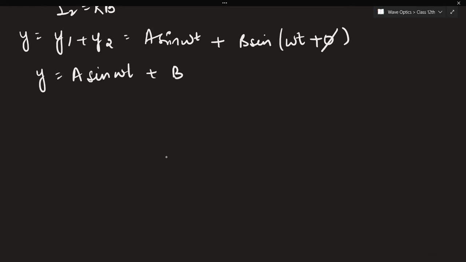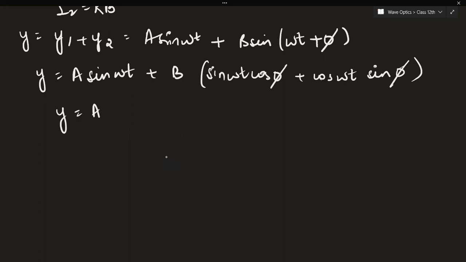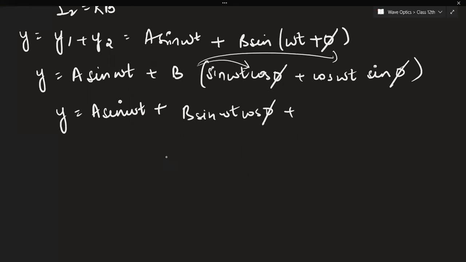Now B sine of omega t plus phi, sine of A plus B, is written as sine A cos B plus cos A sine B. So I'm multiplying B with this term and then this term. So this becomes B into sine omega t cos phi plus B cos omega t sine phi. Do not write it right now. I'll give you time to note it.